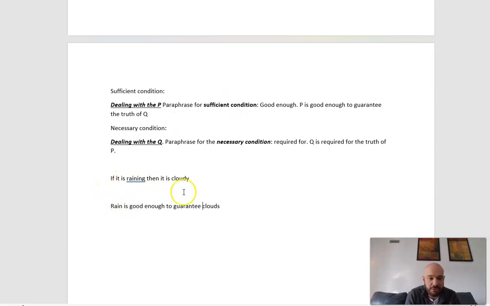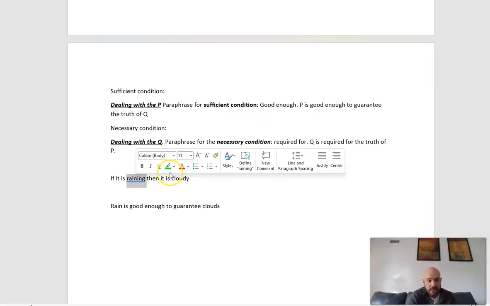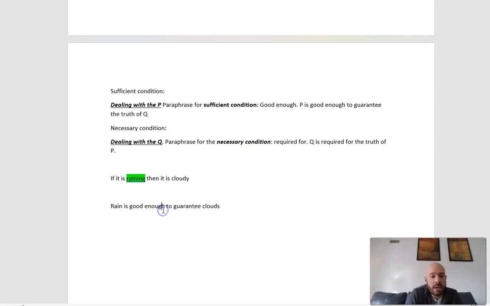The sufficient condition paraphrase, remember, is "good enough to guarantee." So here we have the sufficient condition of it's raining, and then the necessary condition of it being cloudy.